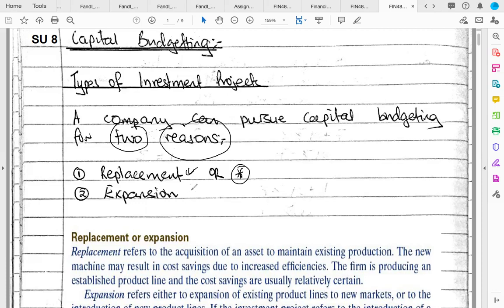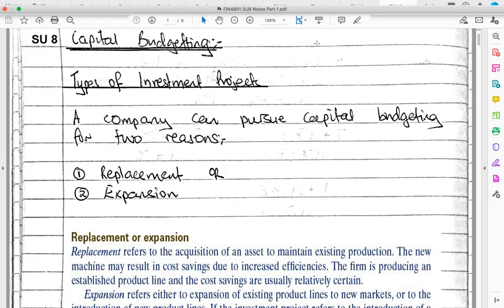A company might pursue capital budgeting to replace an existing one. And the second reason is expansion. A company might want to expand its business operations. These are the 2 main reasons why a company would pursue capital budgeting.